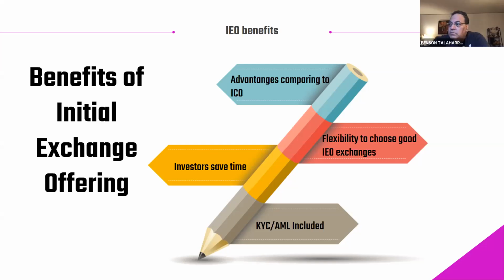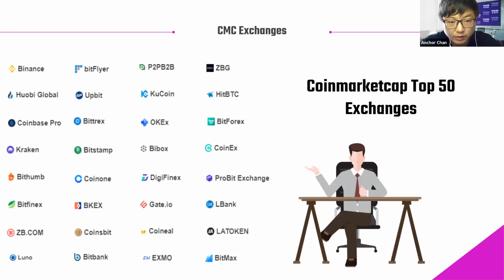So you can check here. These are some top 50 exchanges listed on CoinMarketCap, the best exchange listing website. Normally, if we choose an exchange with good performance, good trading volume, and good historical IEO performance, it will be a very important part of driving the IEO to success.